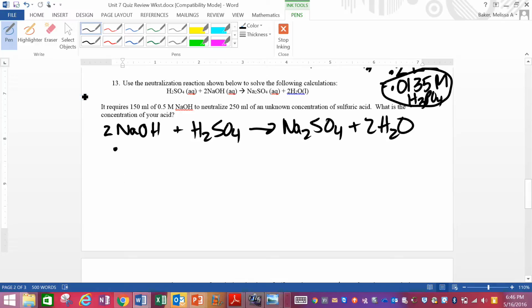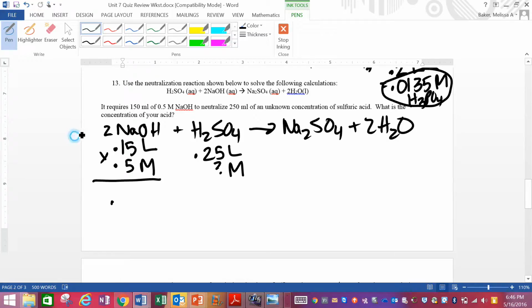So let's write what we know. 0.15 liters of a 0.5 molar base neutralized 0.25 liters of this mystery acid. Molarity times liters gives us how many moles of base we needed to add to neutralize. It's a 2-to-1 ratio.